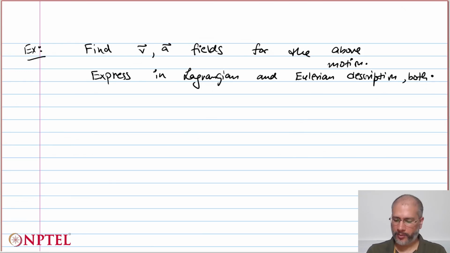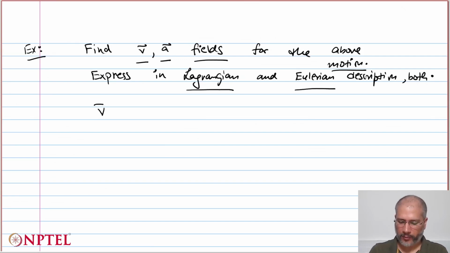This exercise asks us to find the velocity and acceleration fields for the above motion. And it mentions that we should specify both the Lagrangian and Eulerian descriptions of the velocity and acceleration fields. So what that basically means is that we have to find the velocity as a function of capital X and t, and also velocity as a function of small x and t.